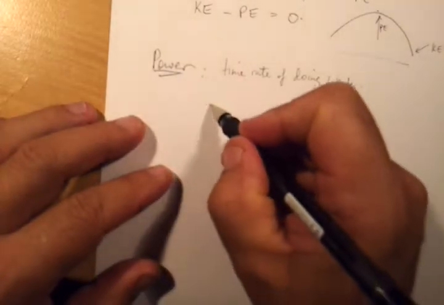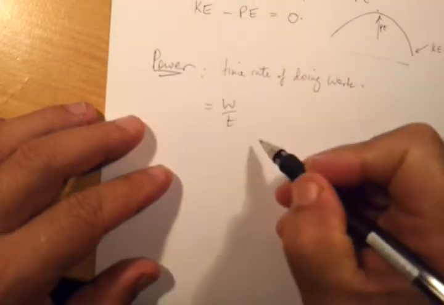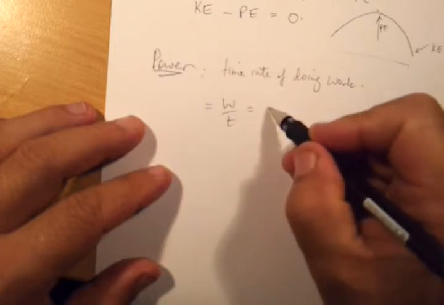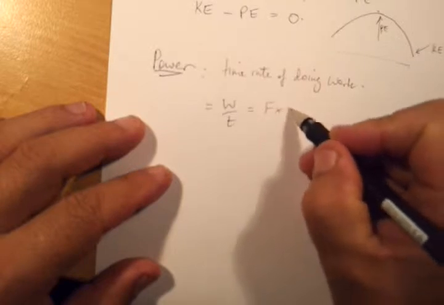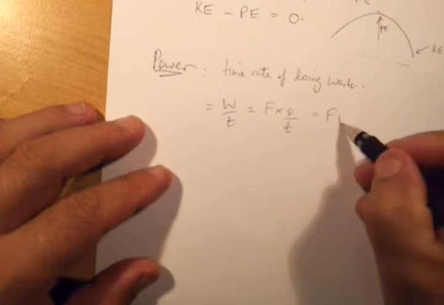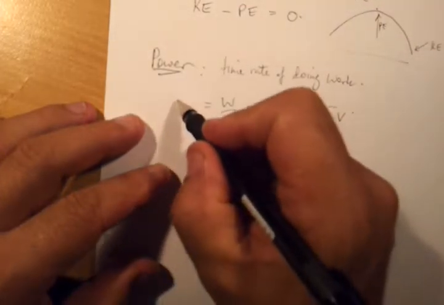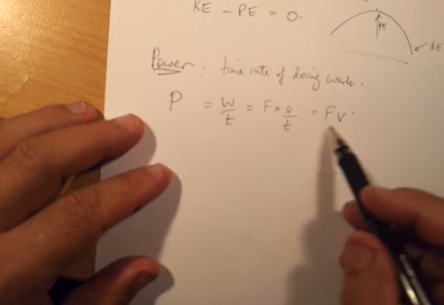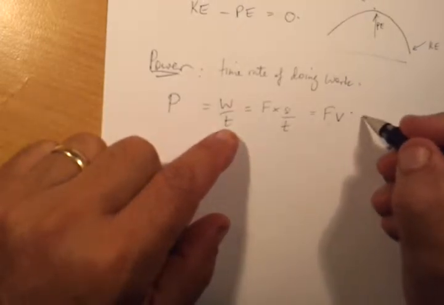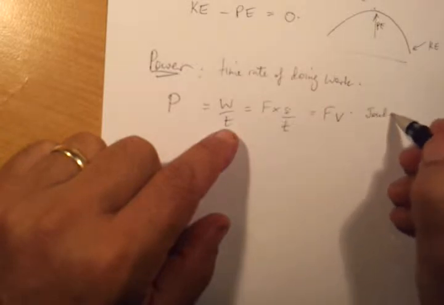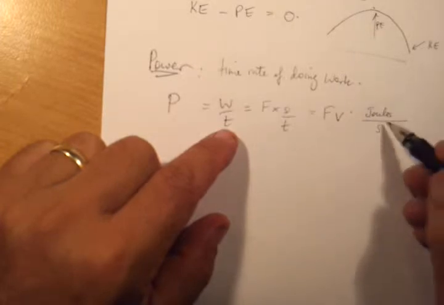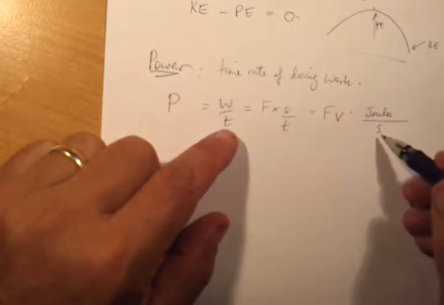Now that's defined as work over time, and that can also mean work, which we know is force times distance, over time, and distance over time is velocity, so it can also look like force times velocity. So power can equal force times velocity, and its units will be joules, which are the unit of work, divided by time, or joules per second. That will be the unit of power.